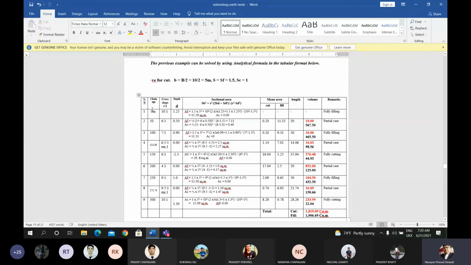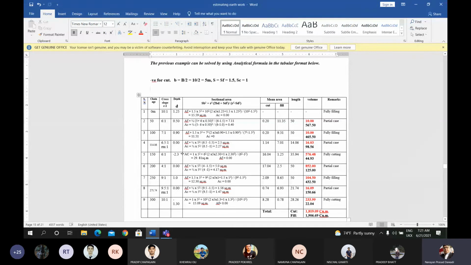For the first chainage, the depth is 1.25. I have to mention here the negative sign for cut. I have already mentioned negative sign for cut. Now 1.25, this is positive sign, filling. 0.50 filling. 0.90 filling. 0.00 is not positive, not negative.